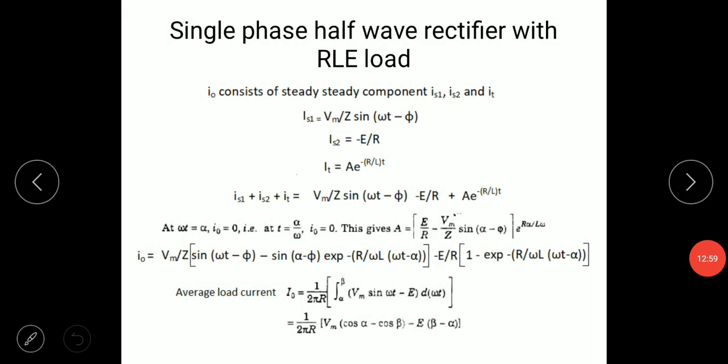Now coming to the load current I0. Load current I0, as discussed in RL load, will have steady state components as well as transient components.